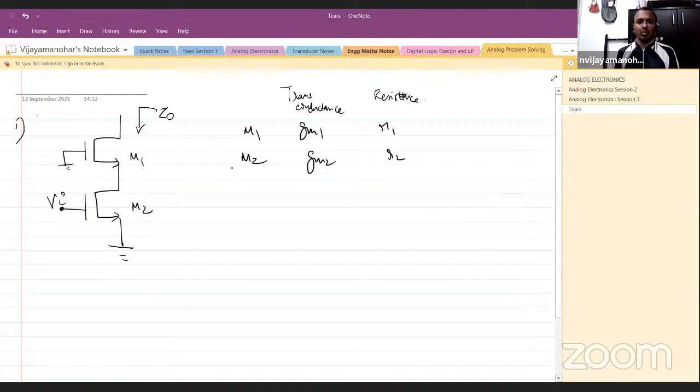And they are saying that both M1 and M2 are MOSFETs operating in saturation. So what is shown to you is the signal picture.